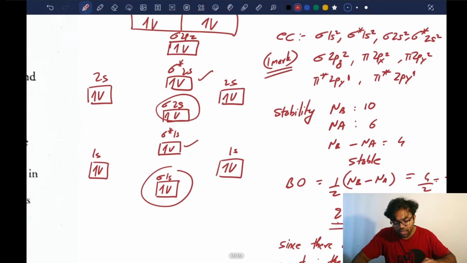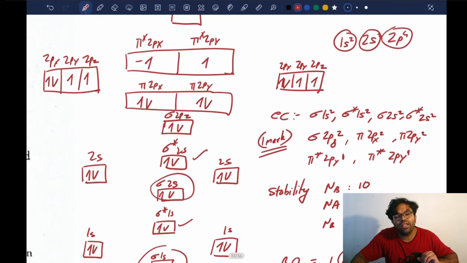So if you look at the case of nitrogen, how many electrons would it have? 1s2, 2s2, 2p3, that is nitrogen, 7 electrons.